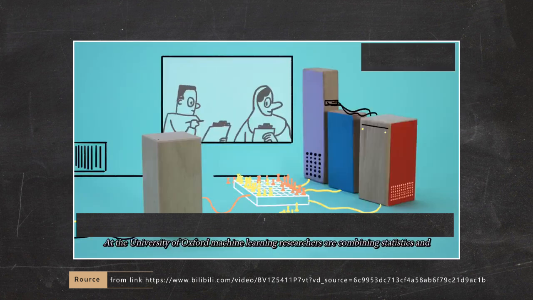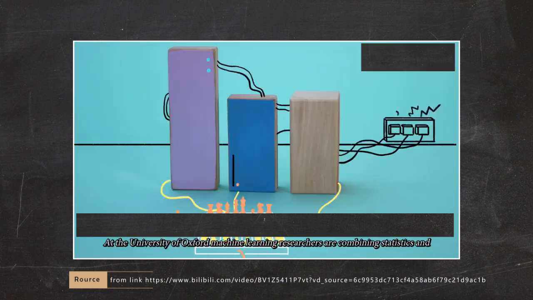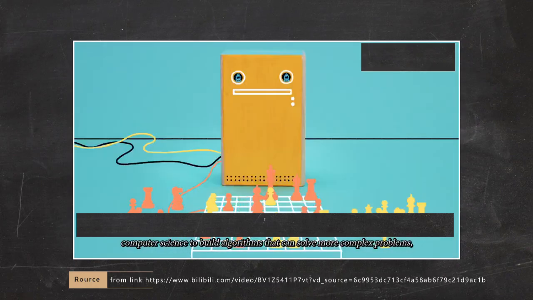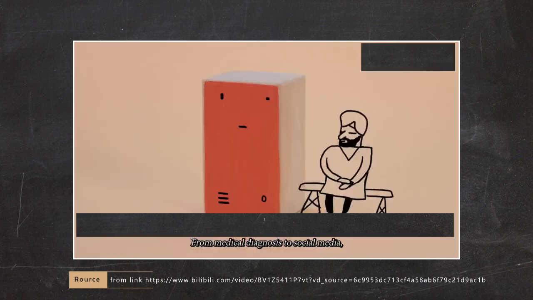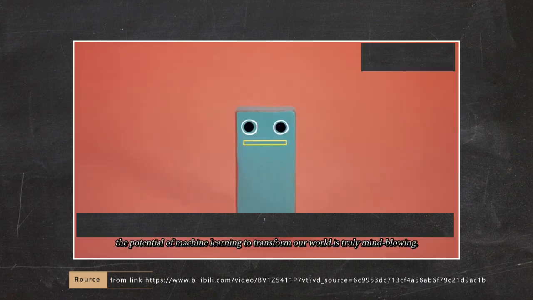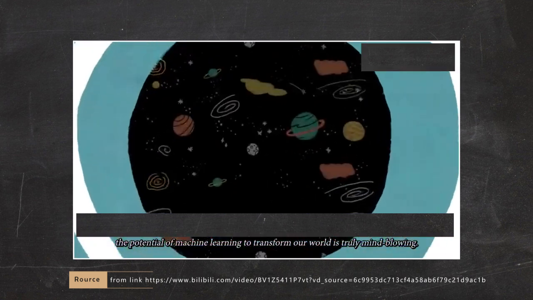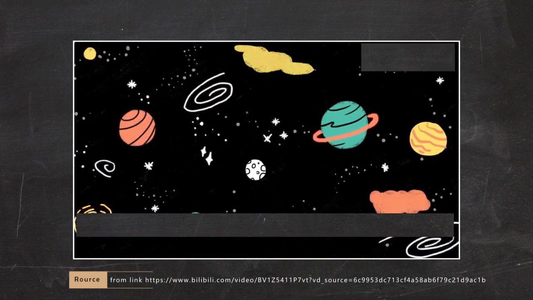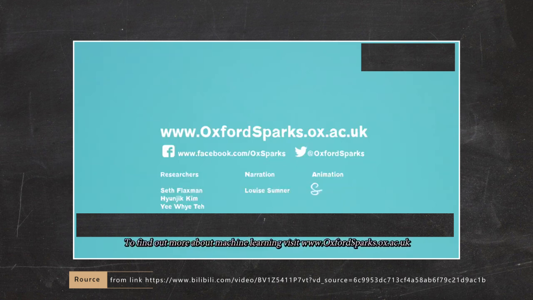At the University of Oxford, machine learning researchers are combining statistics and computer science to build algorithms that can solve more complex problems more efficiently, using less computing power. From medical diagnoses to social media, the potential of machine learning to transform our world is truly mind-blowing. To find out more about machine learning, visit oxfordsparks.ox.ac.uk, follow us on Twitter, and find us on Facebook.